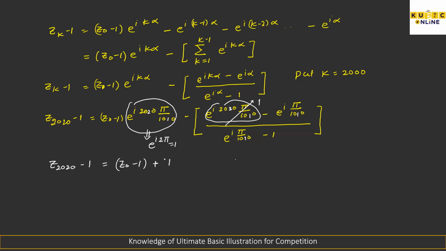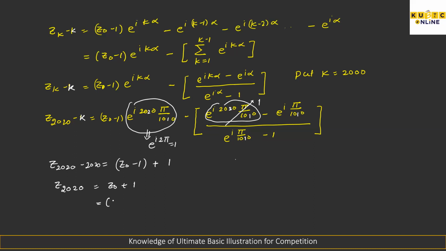So this will be 1, so 1 and 1 will get cut, and z2020 equal to z0 minus 1 plus 2020, and z0 is given. So it is actually 2020, and now we get 2020 plus z0 minus 1.